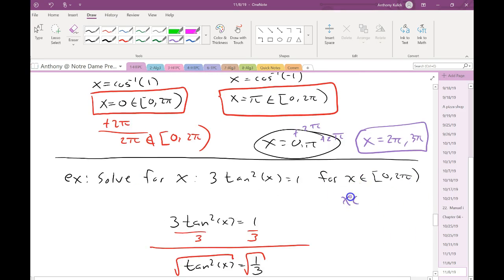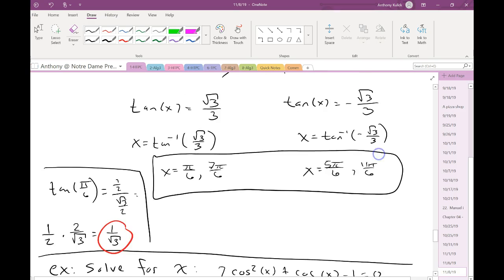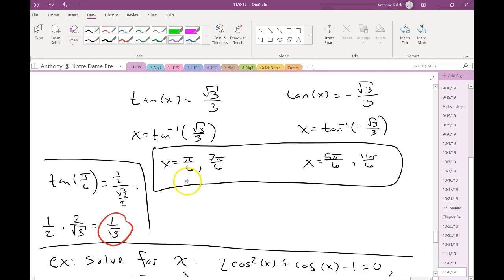What if for this one we wanted to go from negative 2 pi to positive 2 pi? Here we're going to get twice the number of solutions, right? So each one of these 4 are still solutions, but I also get a second set when I subtract 2 pi from each of these. So I'm going to get 8 answers.